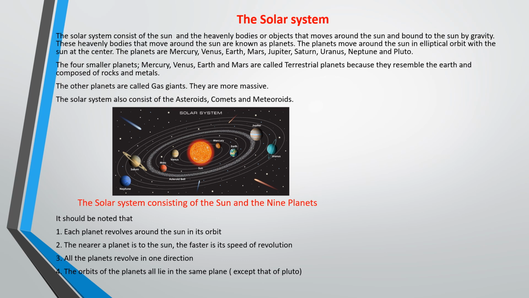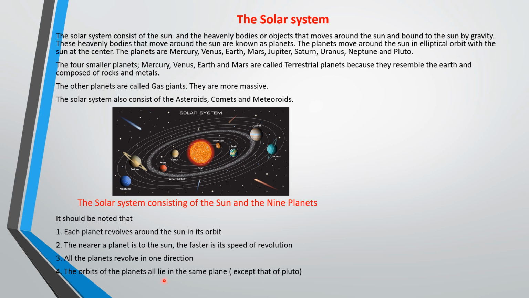These heavenly bodies that move around the sun are known as the what? The planets. That was what you were taught in your geography. And the planets move around the sun in an elliptical orbit, with the sun as the center.